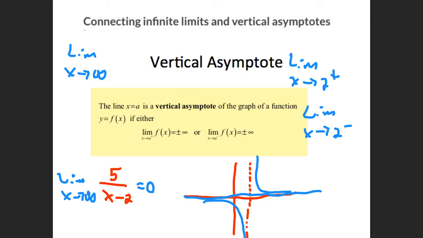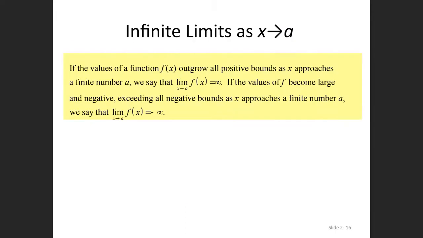Then here's the question of the day. What is the limit as x approaches 2? Does not exist, exactly, because the limit from the left and the limit from the right are not the same. If they're not the same, the limit does not exist. Woo-woo! You got it. Awesome. So let's try a couple examples of those.